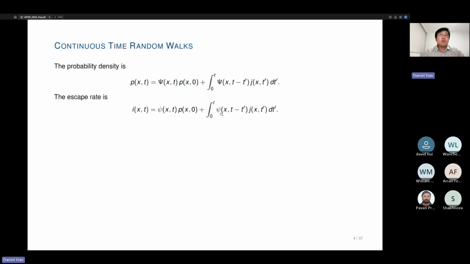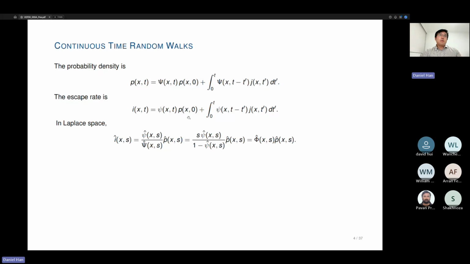It's basically the same formulation, but you have how much of your probability density is leaving, determined by this multiplication factor of your waiting time density, given your initial data. And you add to that the exact same formula, except now you've changed your survival function into a probability density. Okay, so the top is the probability density, and the bottom is the escape rate.